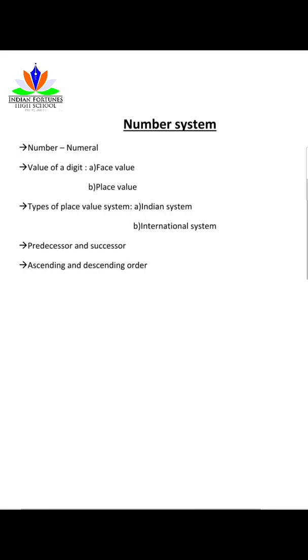Students, before telling you what is the meaning of number system or a number, let me introduce you to a word called digit. All of you might have heard this word called digit.